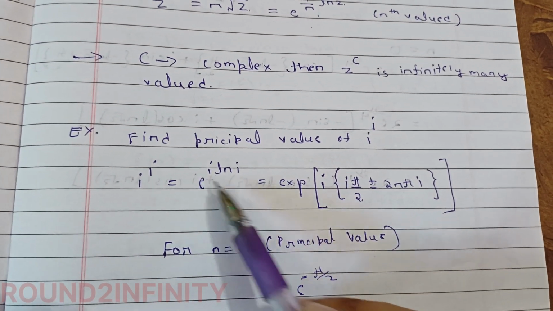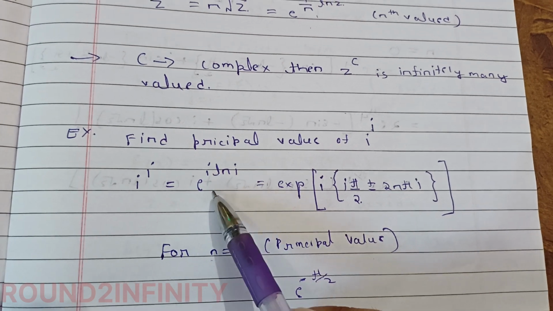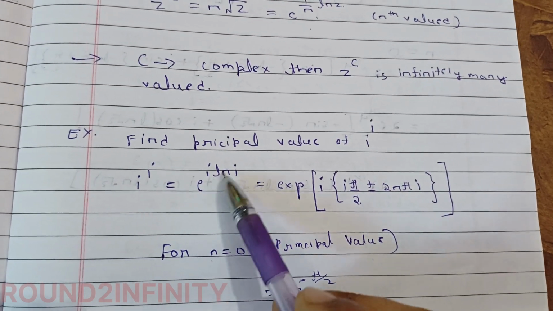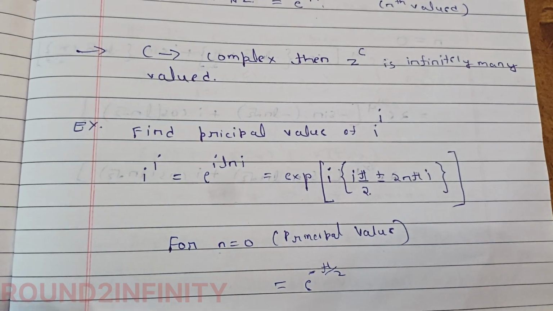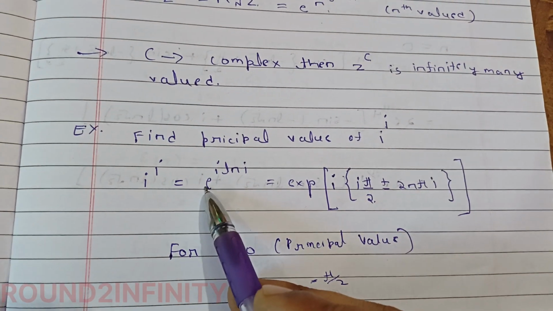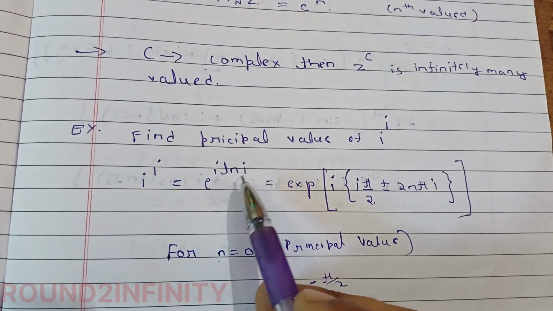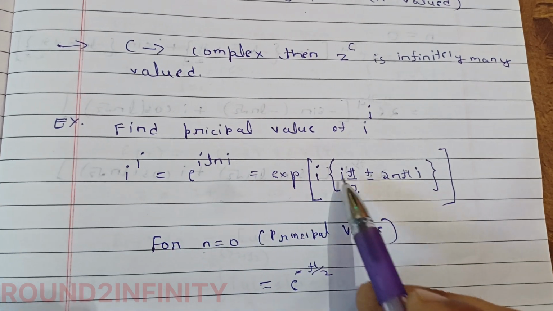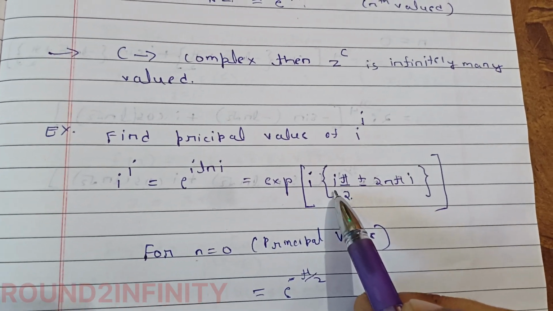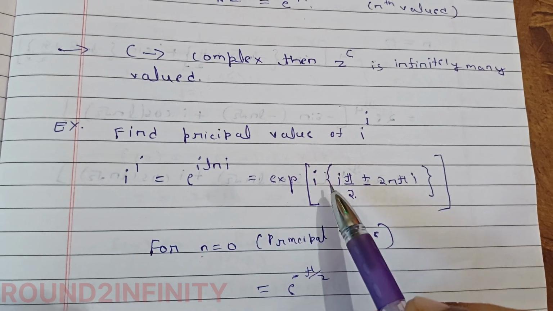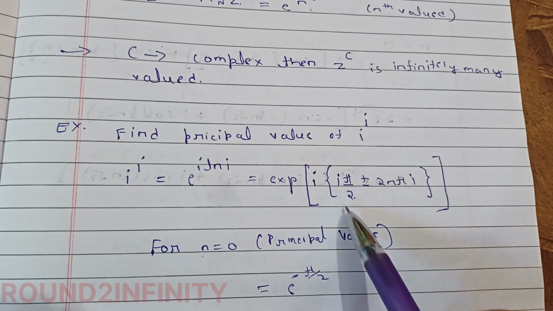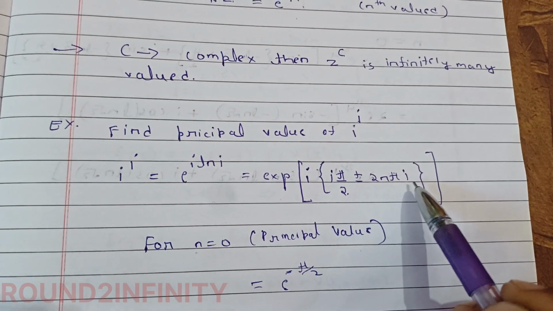So it can be written as exponential of iota log iota. So it is like exponential, then inside it is i log i. So i log i can be written as, this is our principal value, because mod of iota is 1, so log 1 will be 0, plus iota times argument pi by 2, plus minus 2n pi iota.